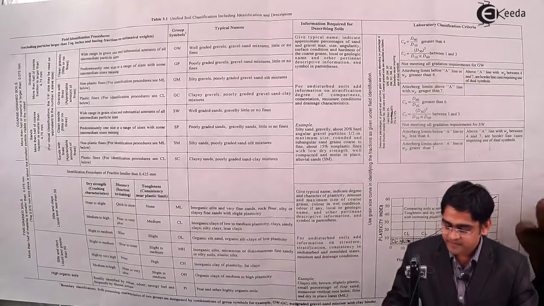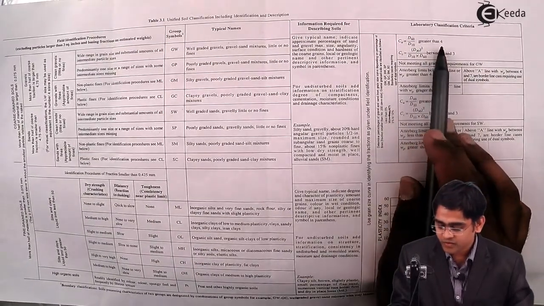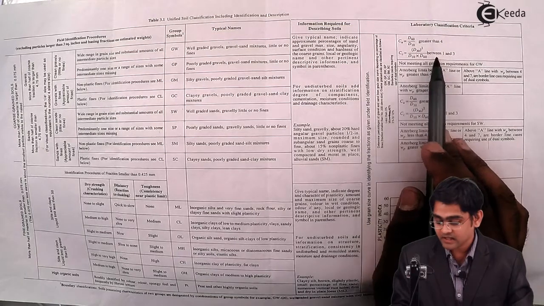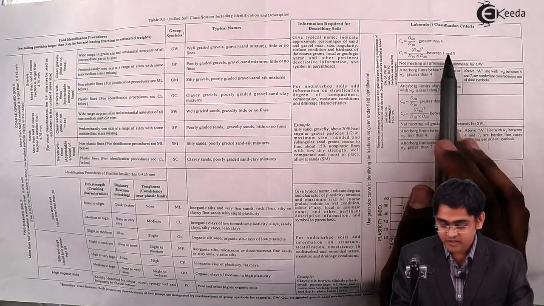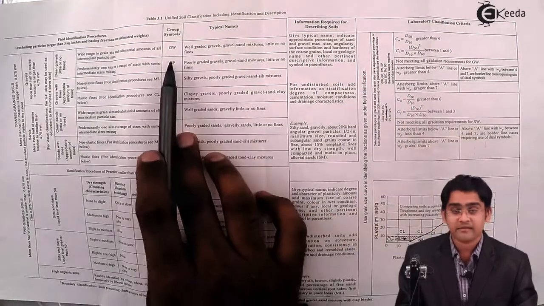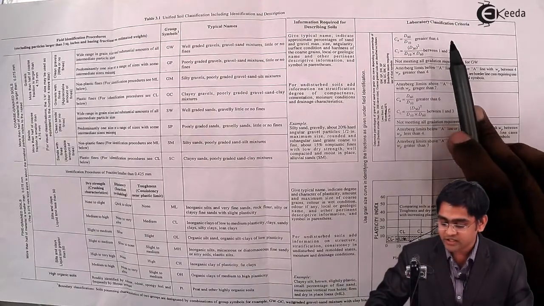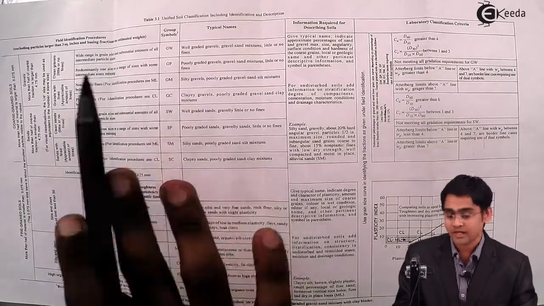Particularly for gravels, if Cu is greater than 4 and Cc lies between 1 and 3, then we call it a well graded gravel. If either of these two conditions fails, then we call it a poorly graded gravel.